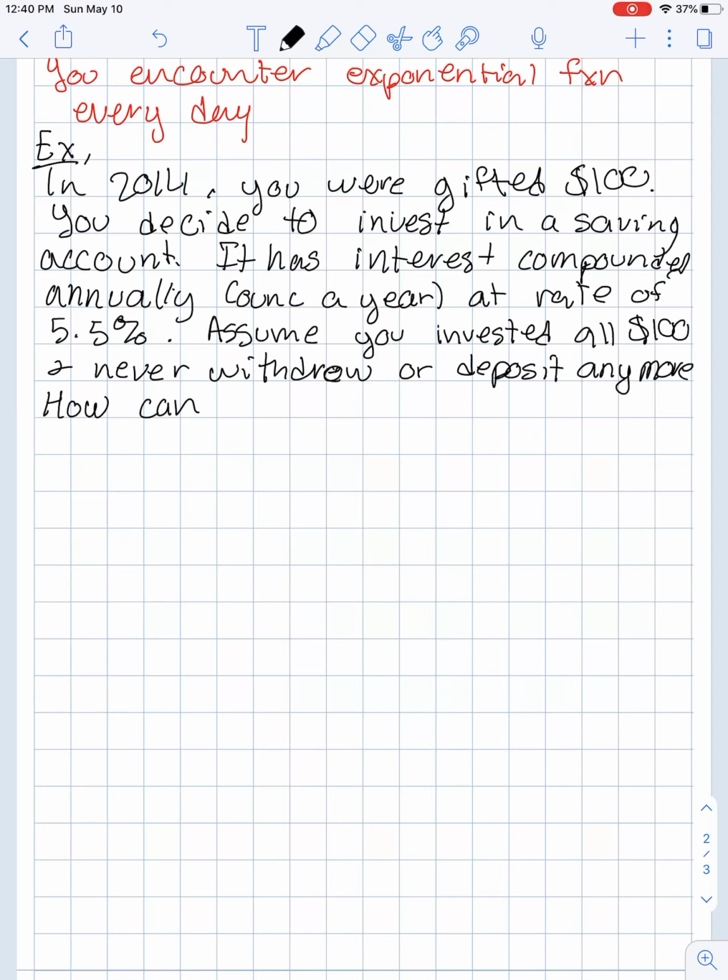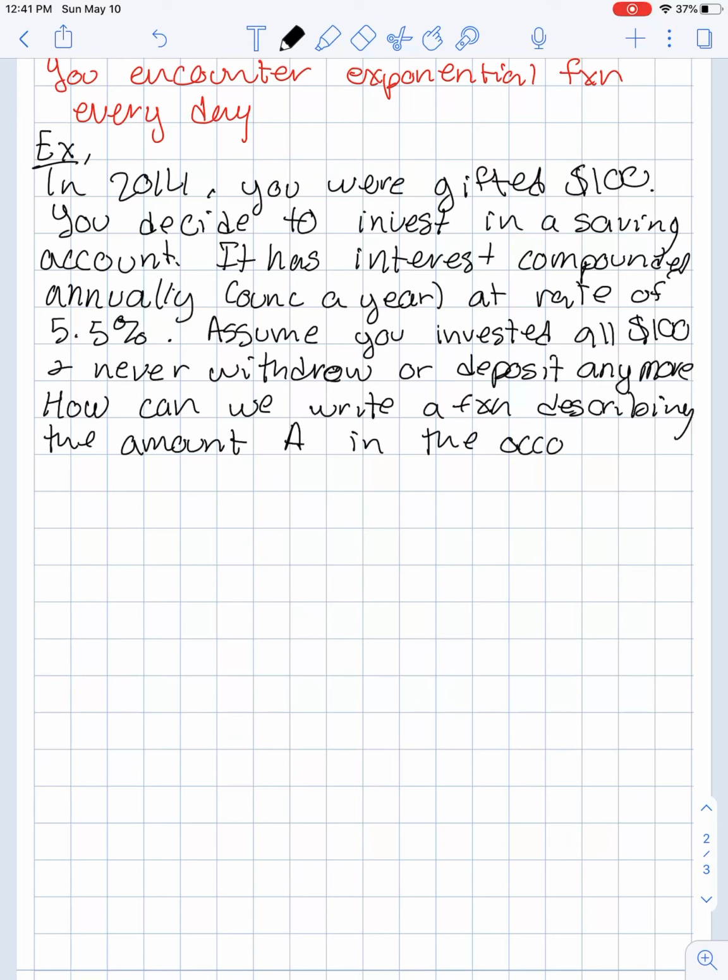How can we write a function to describe the amount of money in your bank account after, let's say, X years?